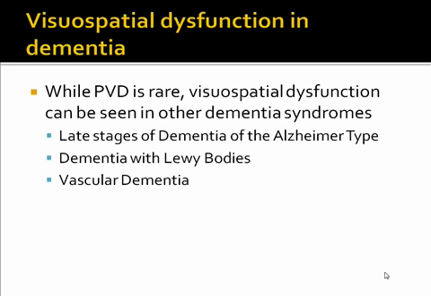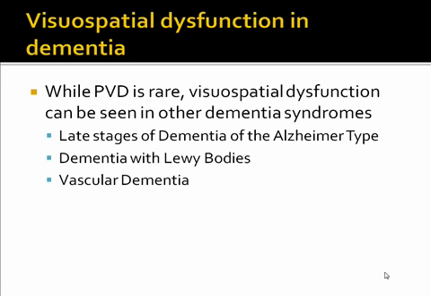Okay. While progressive visual-spatial dysfunction in and of itself is rare, having some problems with visual-spatial dysfunction in dementia is not that rare. In fact, in many patients in the later stages of the more typical dementia of the Alzheimer type, which we're all familiar with, visual-spatial dysfunction does occur relatively frequently.